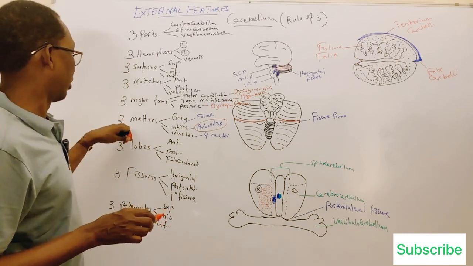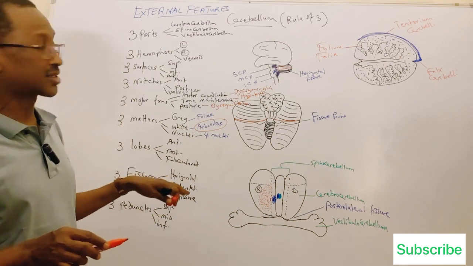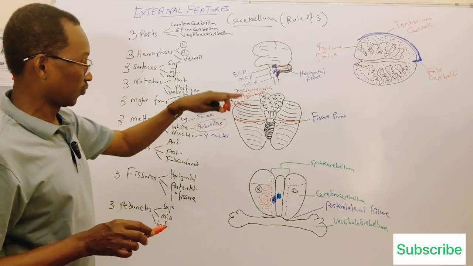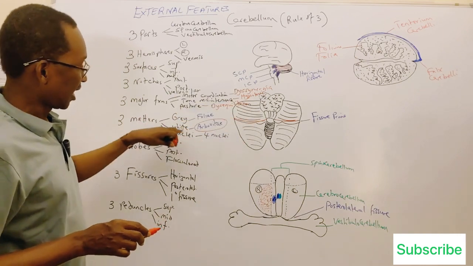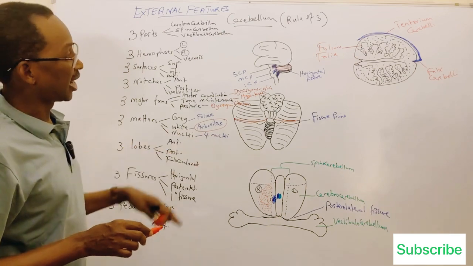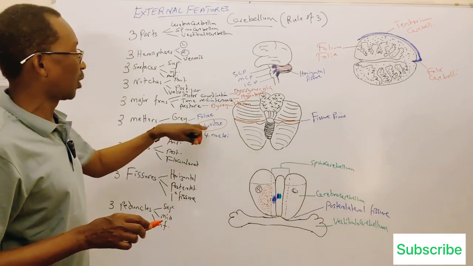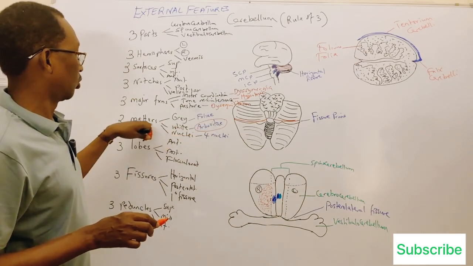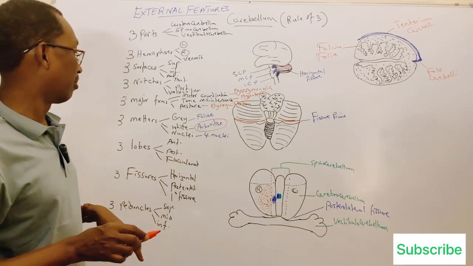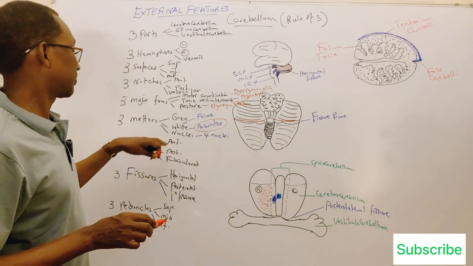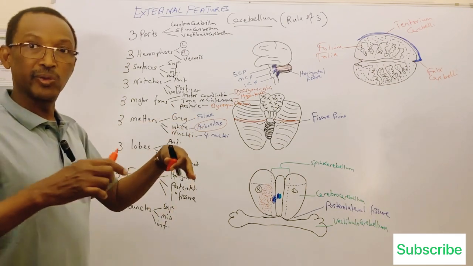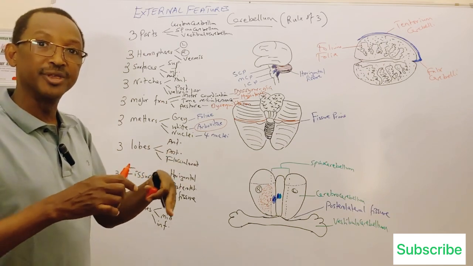So the cerebellum has three important matters: the gray matter, folded into folia, leaf-like structures, and the white matter. The arrangement of the folia in the white matter is what is called arbor vitae, and it also has nuclei, which are 4 in number.